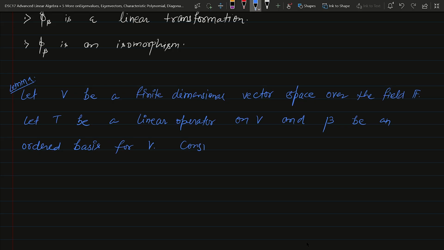Consider, this is a very important statement, A is the matrix of T related to the basis beta.